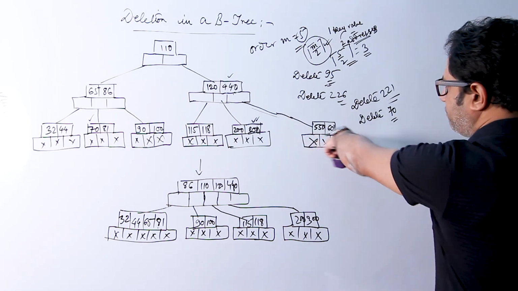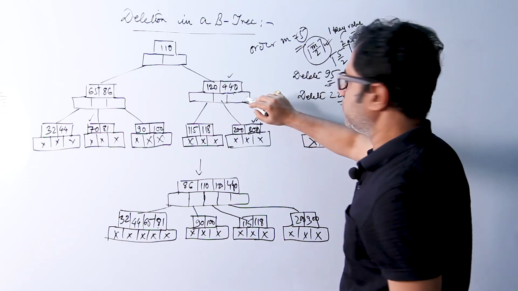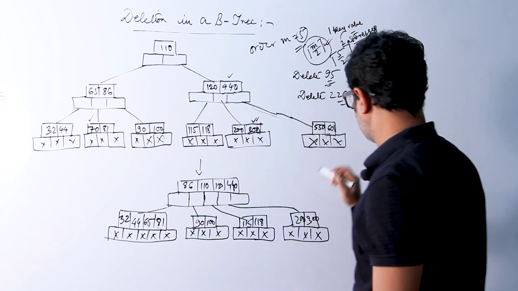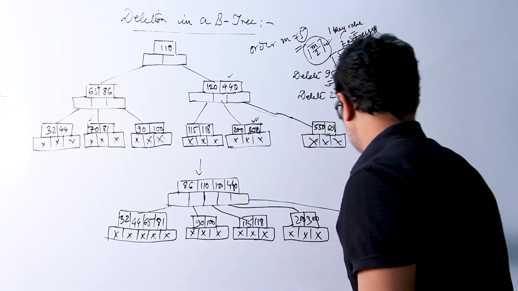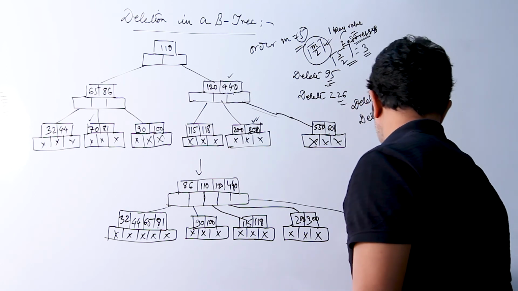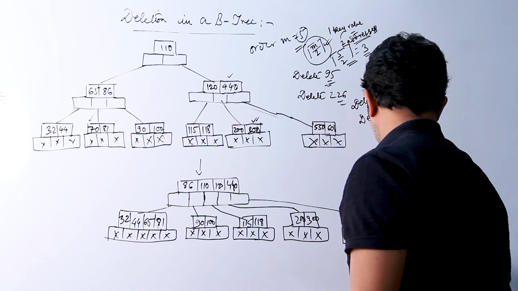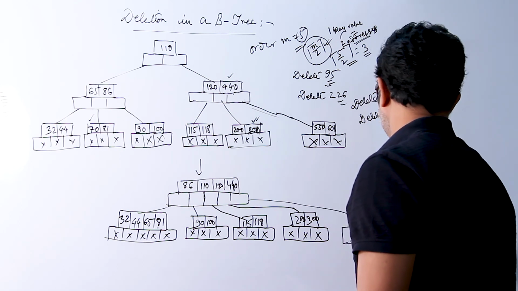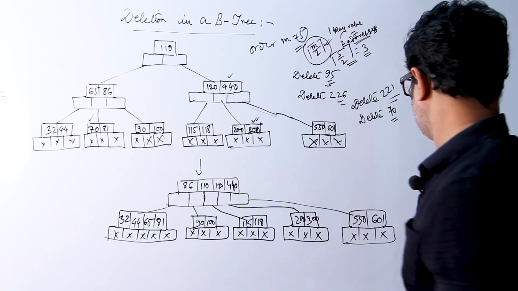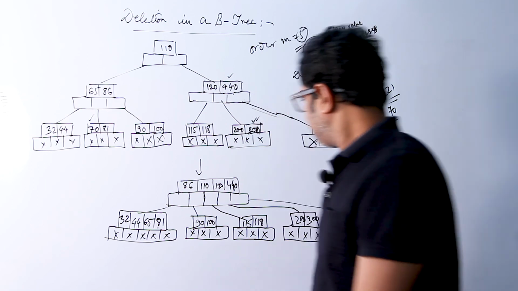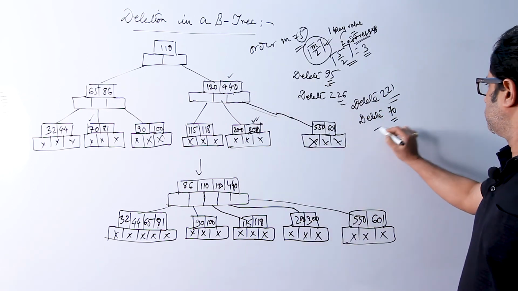And now this 550, 601 was present on the right subtree of the key value 440. Now it will be like that only. So there are no changes in these nodes. 550, 601. So this is the B tree after the deletion of this 70.